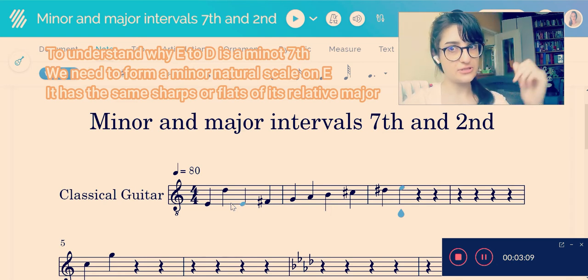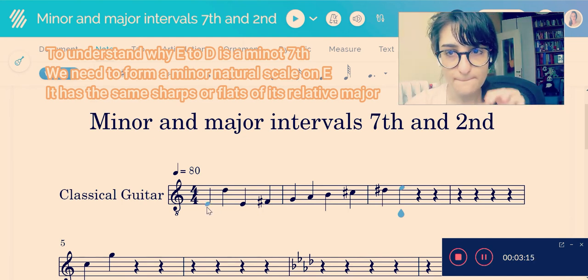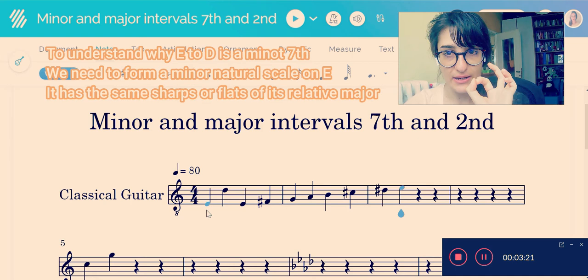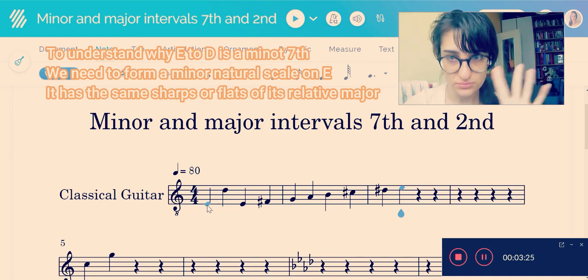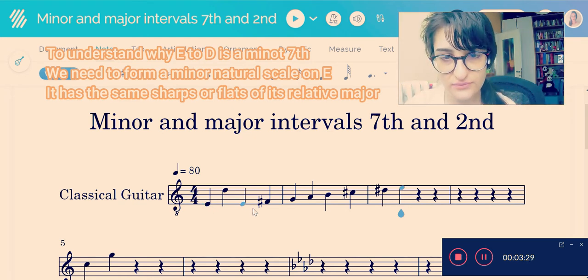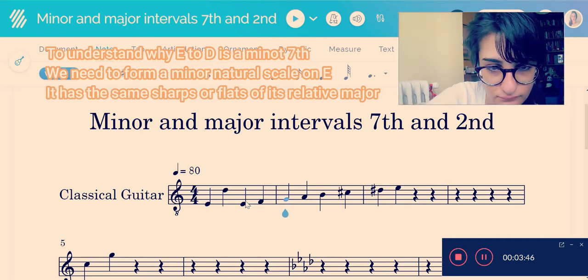And like I explained in the previous video, that corresponds to applying the same sharps and flats that we would apply in the relative major. So let's break this down. The relative major of E minor is G major. 1, 2, 3.